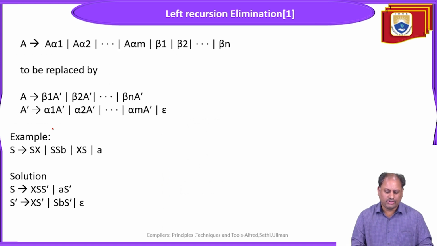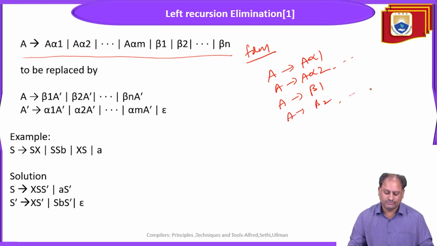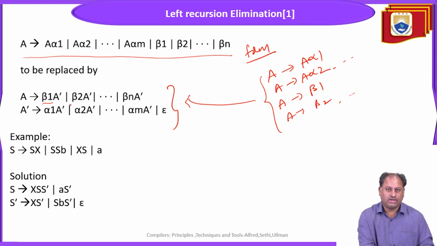Now, one more specific rule: if any derivation is of the form A derives A alpha 1, A derives A alpha 2, like that several productions, and then A derives beta 1, A derives beta 2, and so on, then it is to be replaced with A derives beta 1 A dash, A derives beta 2 A dash, and A dash derives alpha 1 A dash, alpha 2 A dash, and then epsilon.